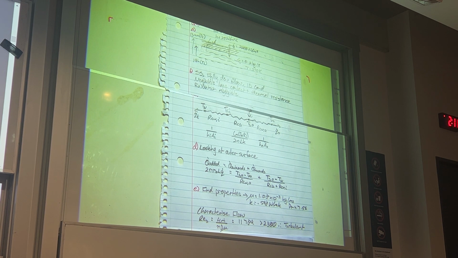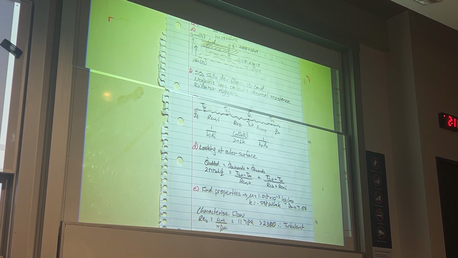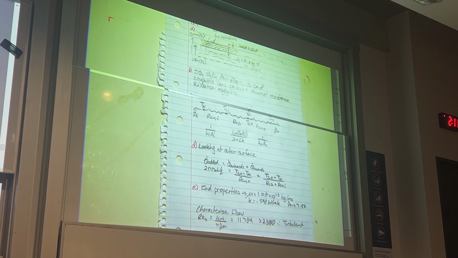In this case, we're told that the fluid is less than the wall, so this alpha is going to equal 0.4. So we can use that equation for our Nusselt number. But we're also told that it's equal to HLC on K. We can replace this with D, which is why I've got this 2 here.